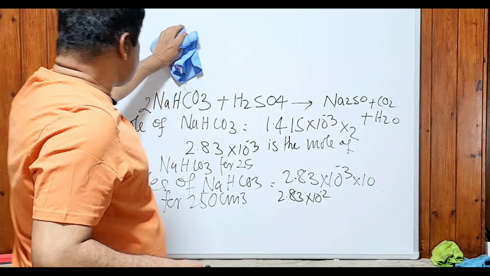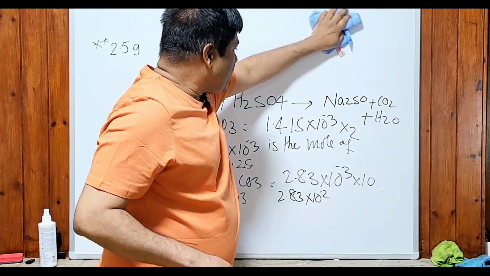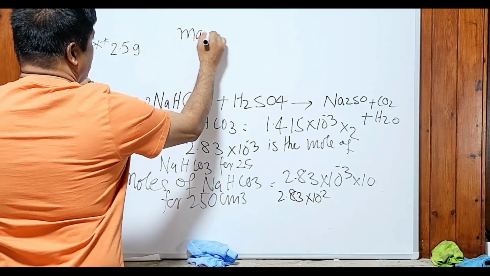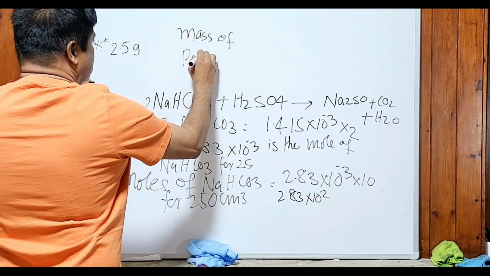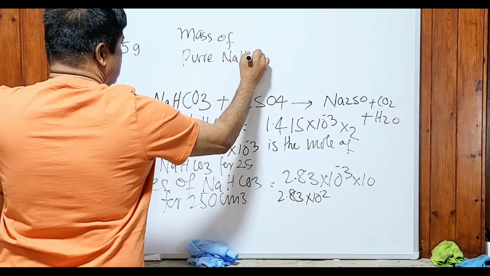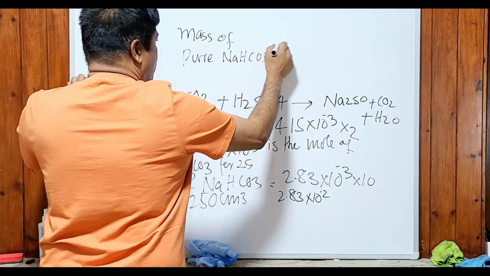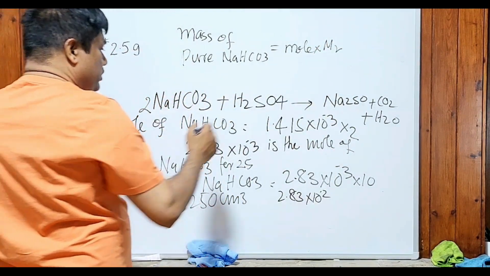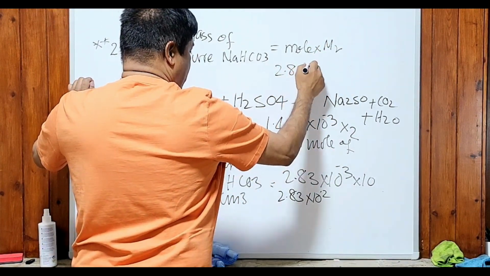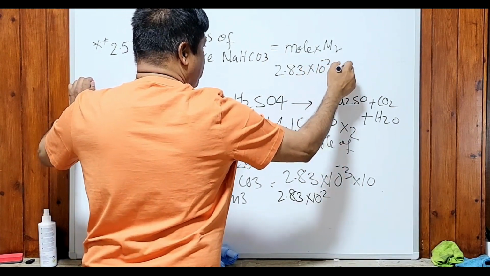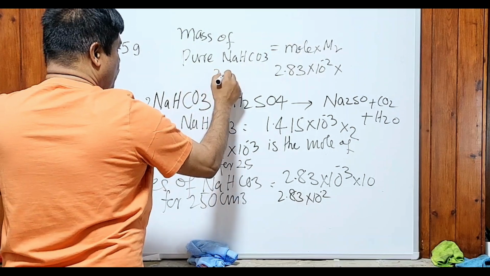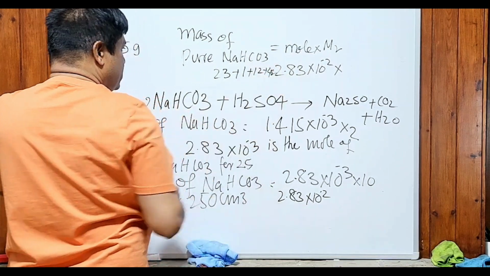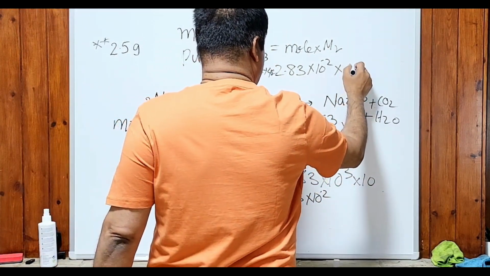Now, mass of pure NaHCO3 is mole times its MR. How much is the mole? 2.83 into 10 to the power of minus 2 times, work out the MR of sodium hydrogen carbonate, 23 plus 1 plus 12 plus 48. So it equals 84.